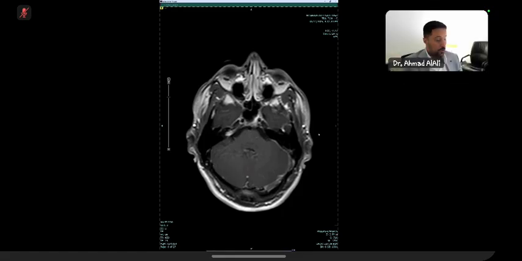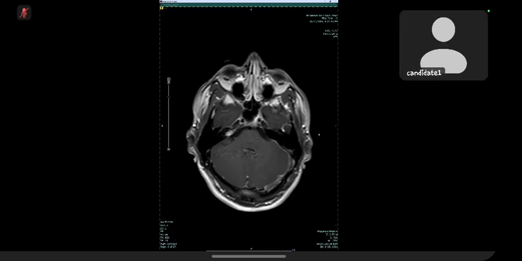Okay. So would you please conclude the findings so far and what's your preliminary diagnosis? In summary, in the left transverse sinus and the left sigmoid sinus, there is a filling defect. So dural venous sinus thrombosis is there, and that can be due to some infective pathology that is going on, that is showing leptomeningeal and pachymeningeal enhancement.